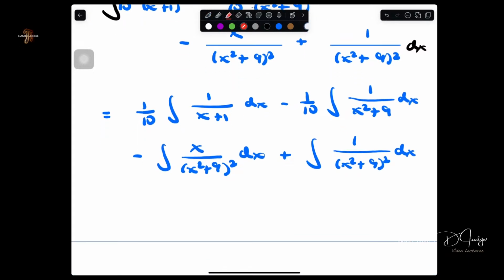So again, just like the last example, we get a nice easy one. Let's just write out what it is. It's the natural log, absolute value of x plus 1. Again, over here, oh, this one's nice too, x squared plus 9.